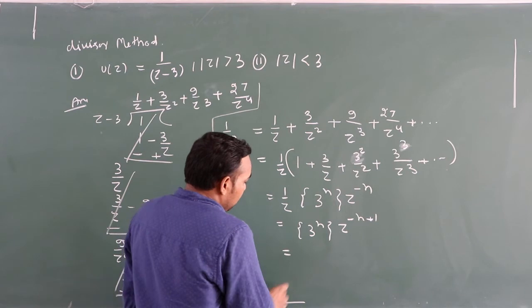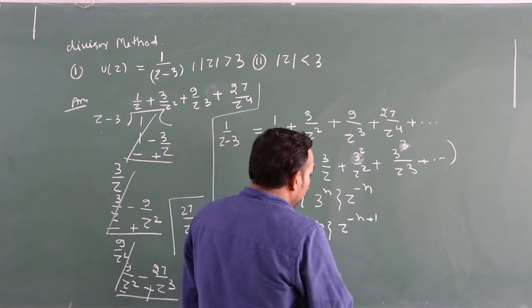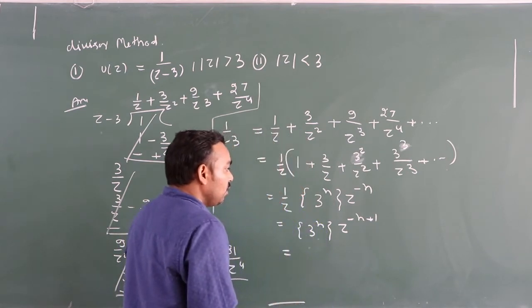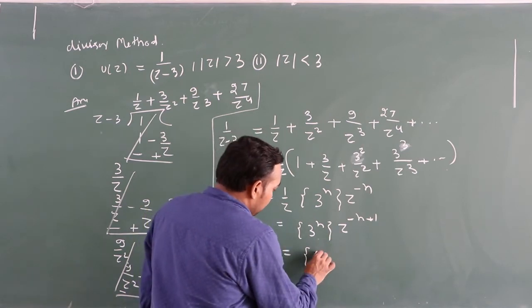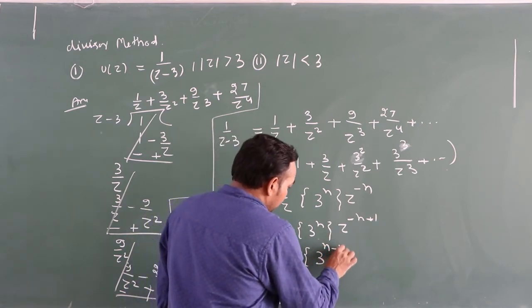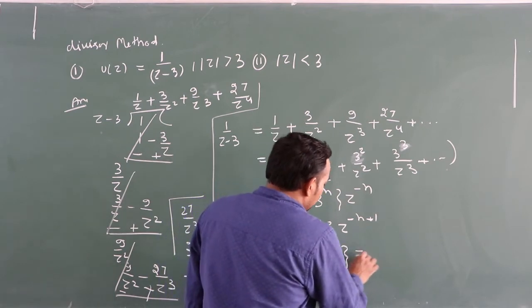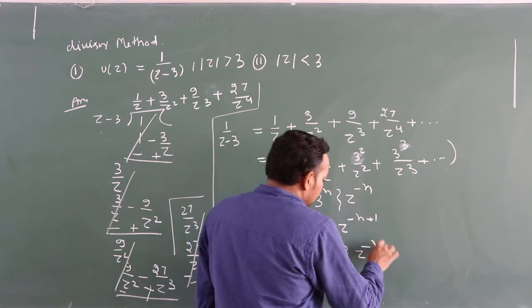Or simply, replacing n by n minus 1, we write 3 to the power n minus 1 Z to the power minus n.